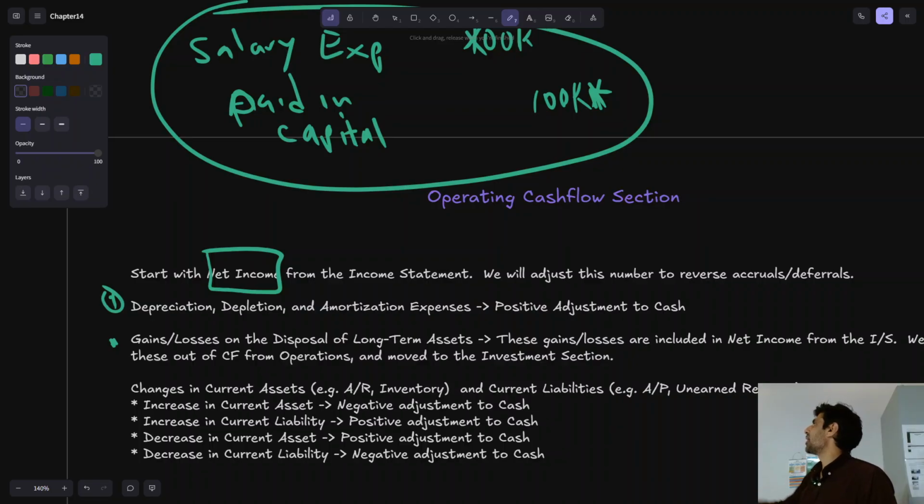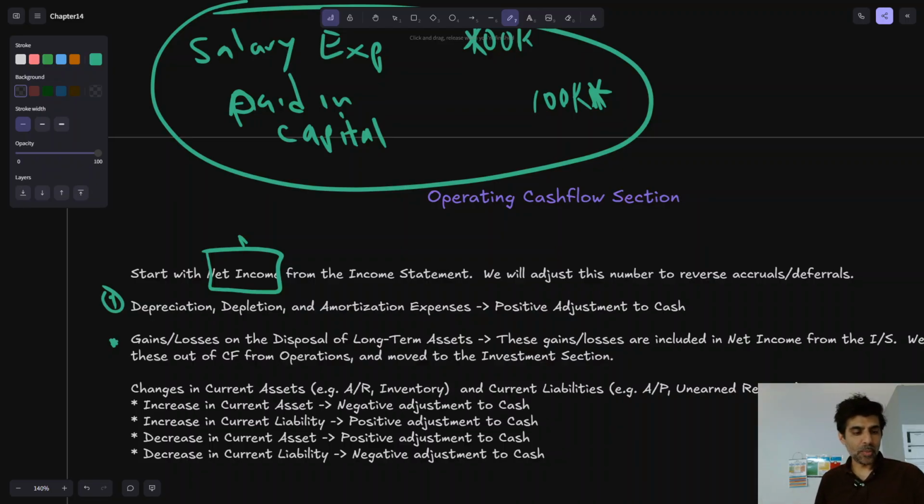And we consider the gain on sale of your tractor as just a one-time thing. Okay. So we're going to take it out of net income. It's going to reappear in the investing section, but at first we take it out because this is our starting point, so we have to clean it up.